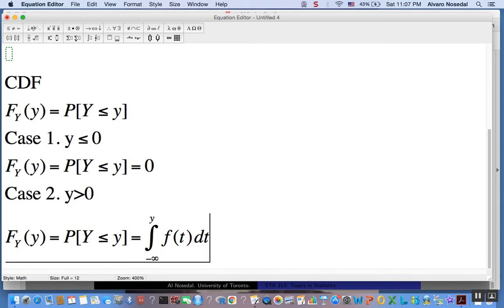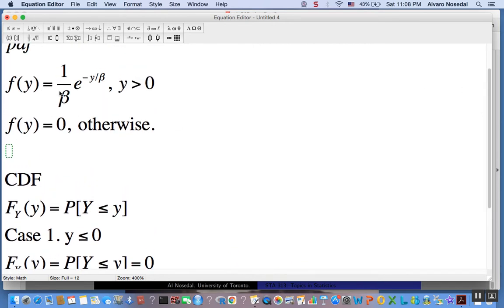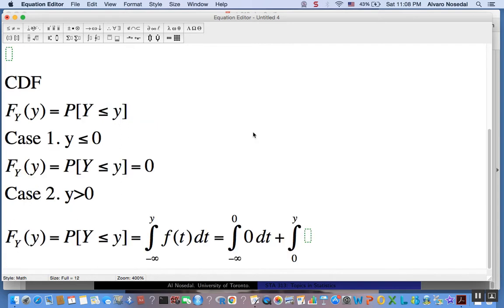That's just the integral from negative infinity to 0 of 0 dt, plus the integral from 0 to y of the expression of a generic exponential with parameter beta.